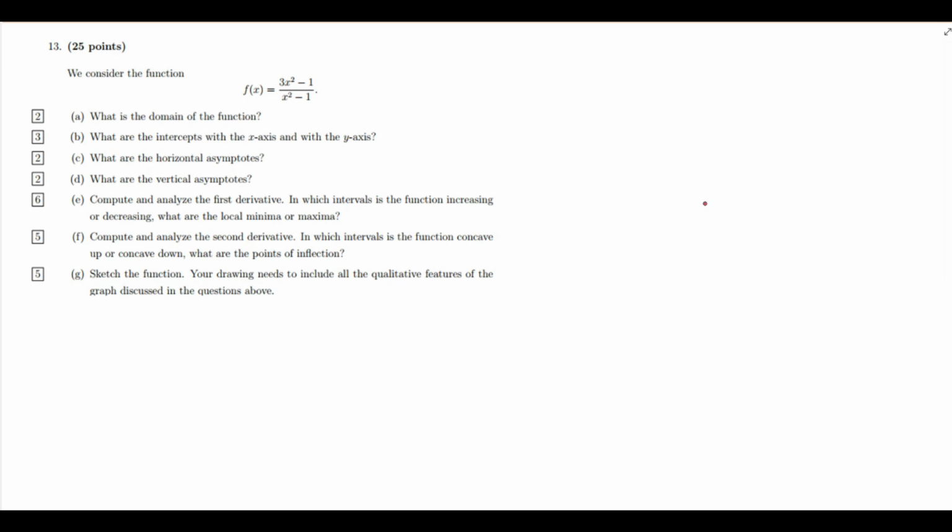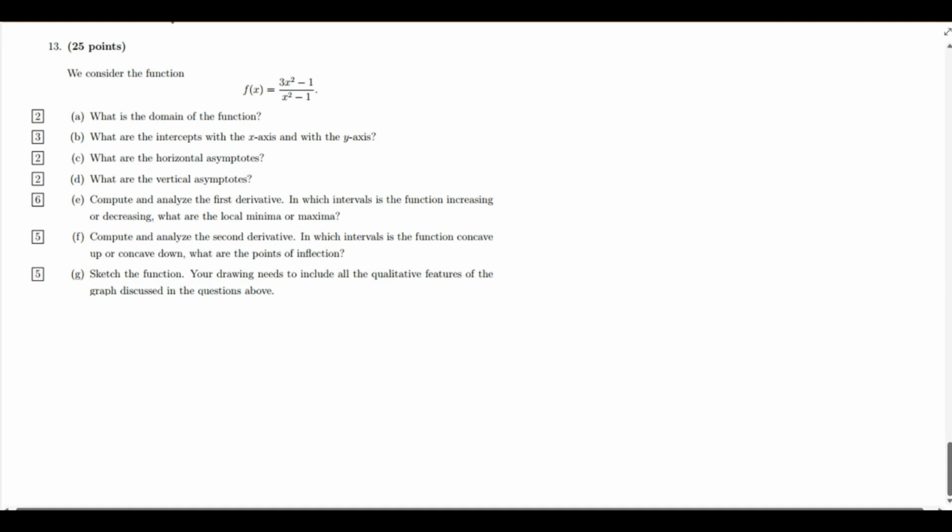So we have some curve sketching here, and we've been asked to compute. This is a written question, not an MCQ where you have to select. Here you have to show your working, and to compute this we have to solve in detail.